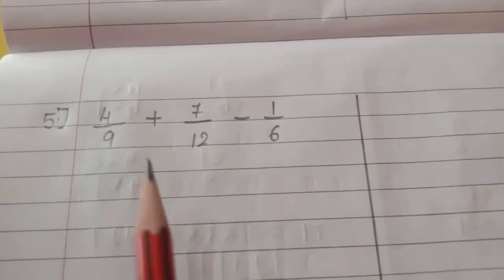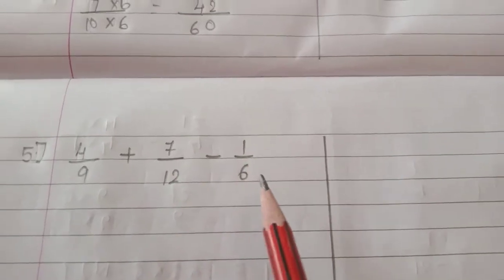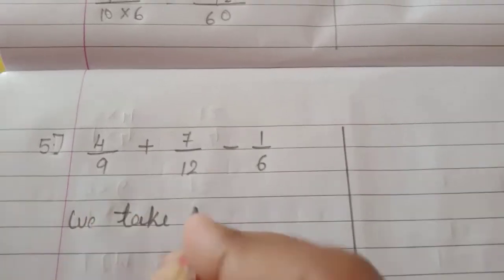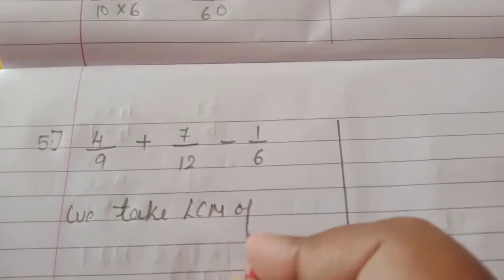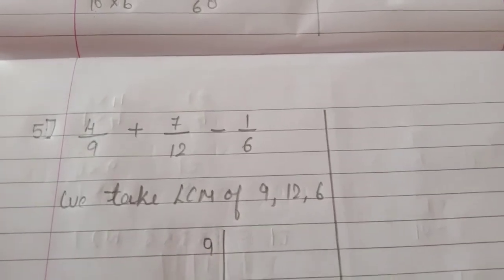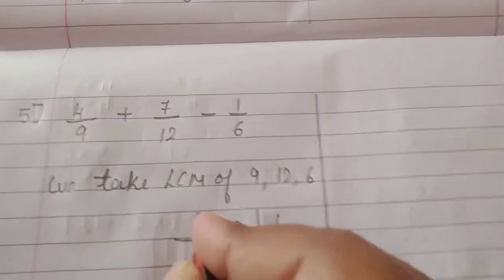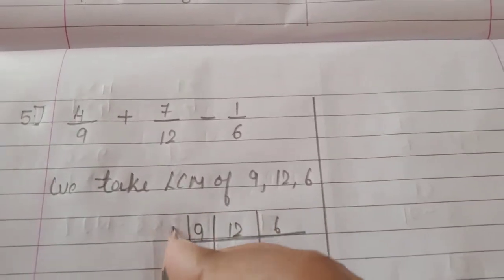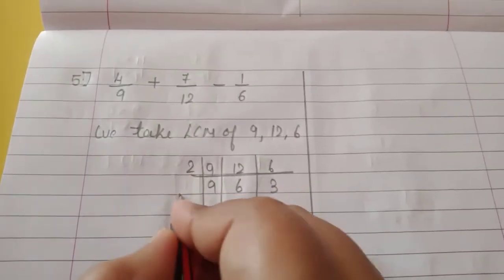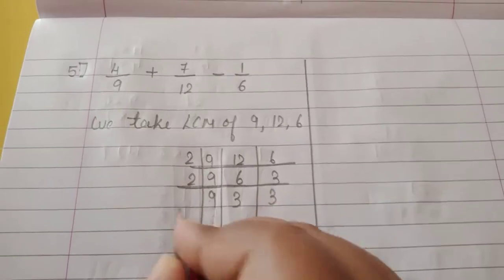Now number 5. 4 upon 9 plus 7 upon 12 minus 1 upon 6. So we take LCM of 9, 12 and 6. So we will start with 2 table. 2 6s are 12, 2 3s are 6, 2 3s are 6.